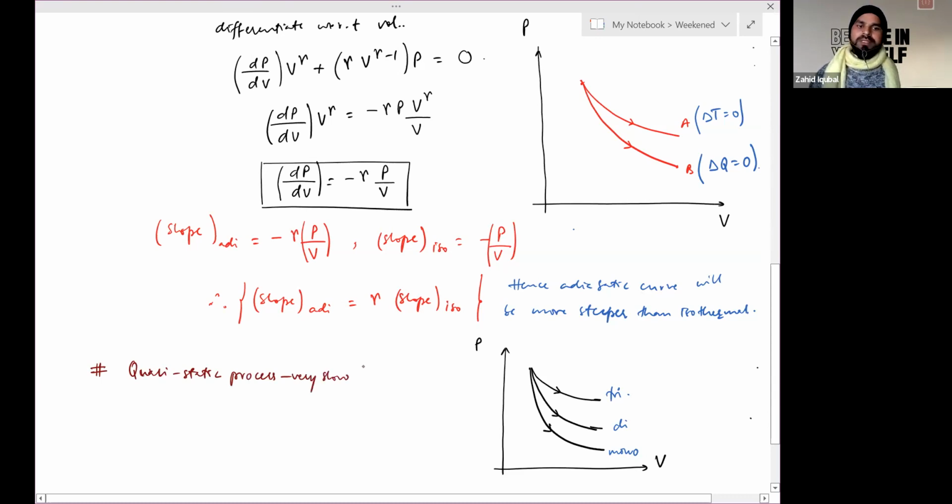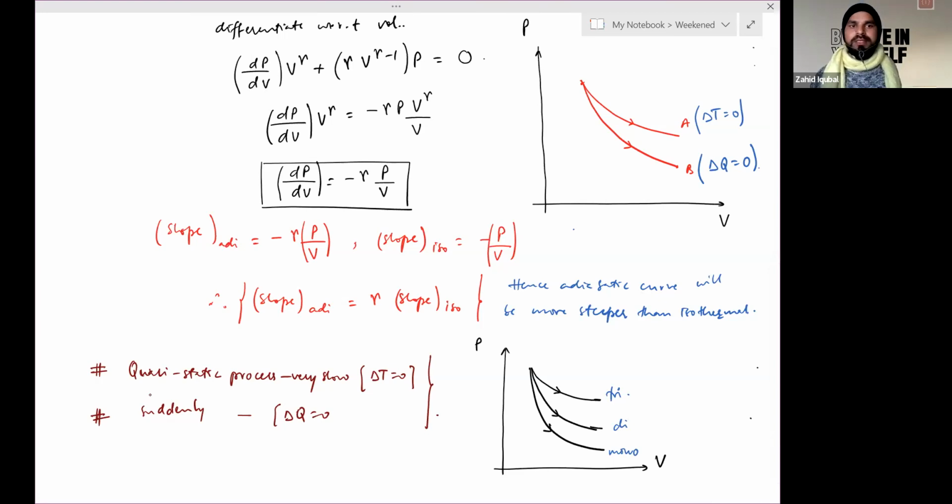This will be isothermal, or the process which acts suddenly will be adiabatic. So remember these two words to define process isothermal and adiabatic. Is it clear to all of you till this part?